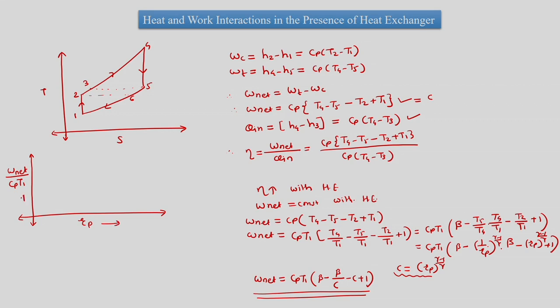So we can plot it for different Rps. Obviously we mean here that we are plotting with respect to Rp, since C contains Rp and we are working with constant beta and constant T1.